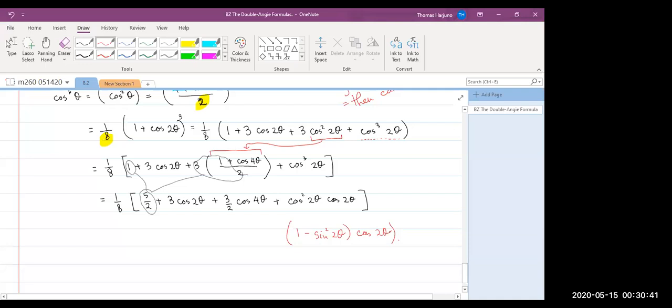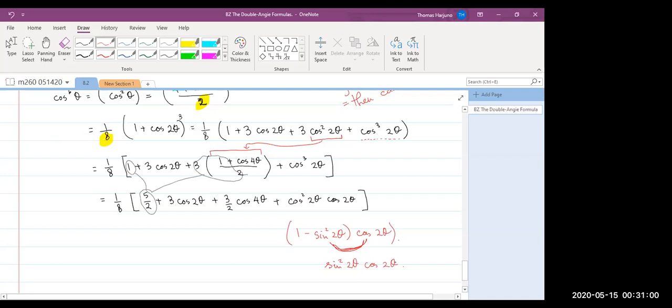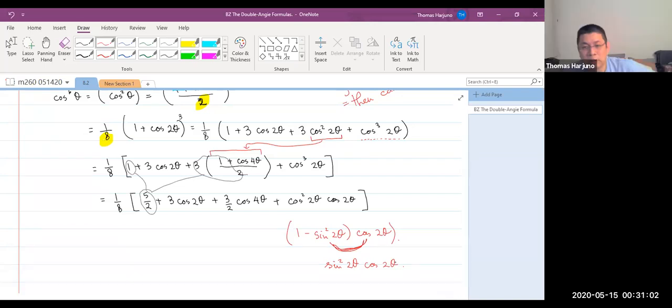The thing is, I will still have trouble here. I will have later on sine square 2 theta cosine 2 theta. I still don't know what to do with that. And then later on we say, oh, do 1 minus cosine squared again. Then we go back to what we had earlier.